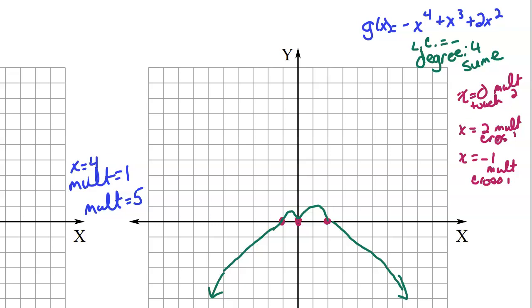You should notice that you will start with one end behavior and end up with the other end behavior if you have done everything correctly. Okay? So in the next video, we will look at a couple more of these and actually graph them.